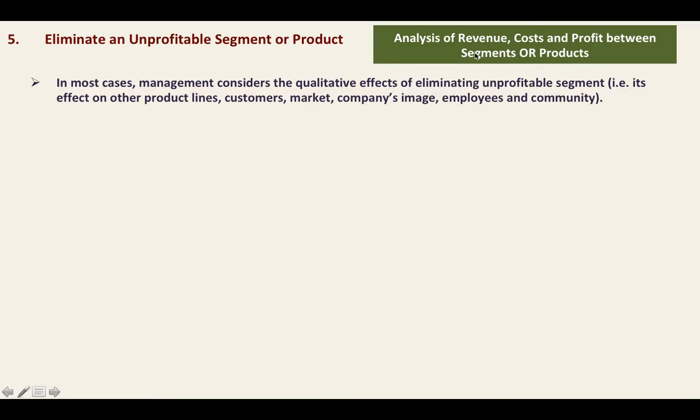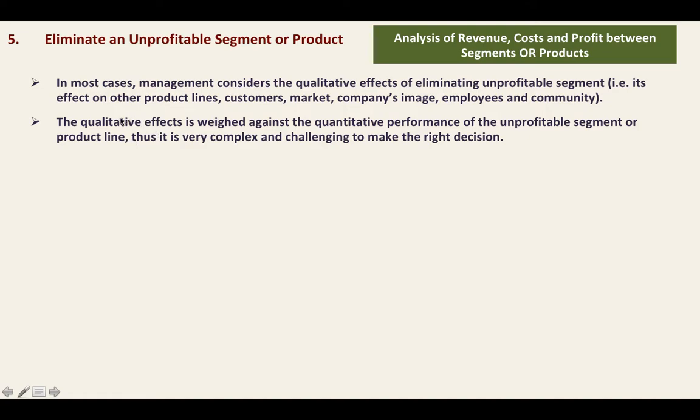That is, if we are going to eliminate a segment or product, we have to make sure that we consider the qualitative factors, examples of which are the effect on other product lines, the effect on customers, the market, company's image, employees, and community. Okay? The qualitative effects are weighed against the quantitative performance of the unprofitable segment or product line. Thus, it is very complex and challenging to make the right decision.